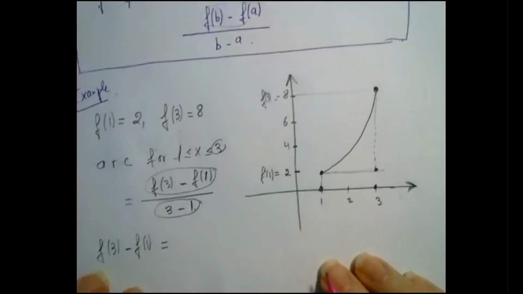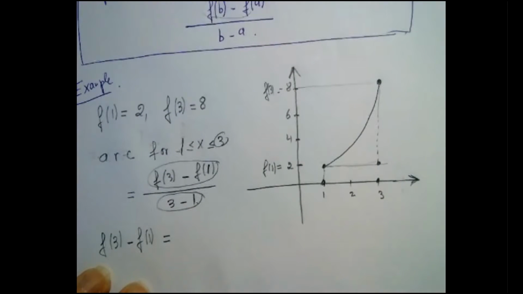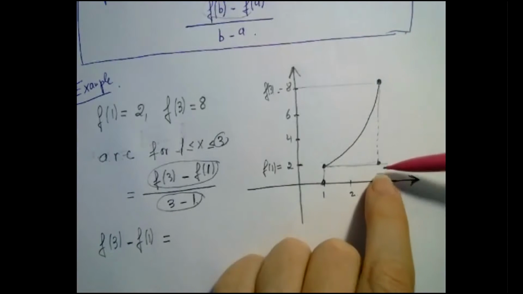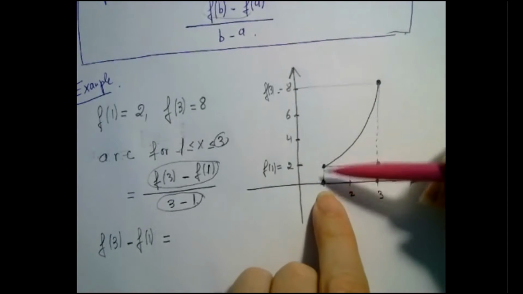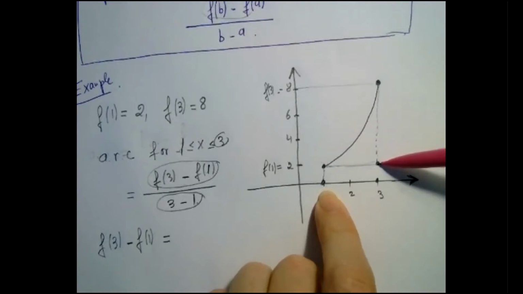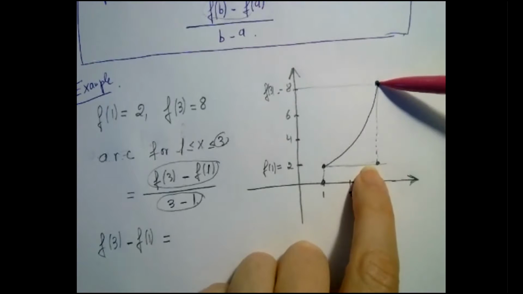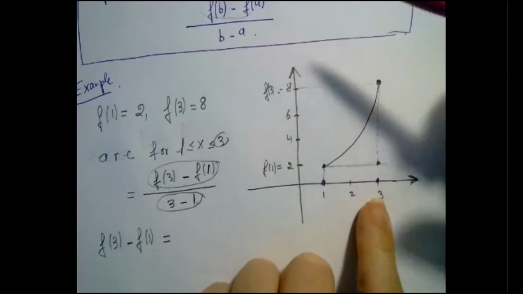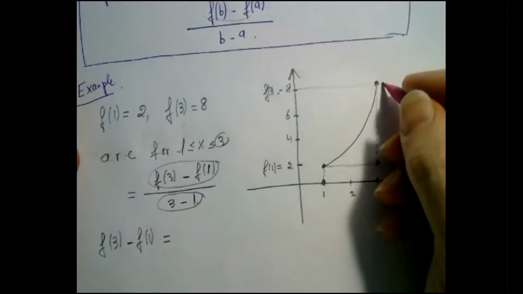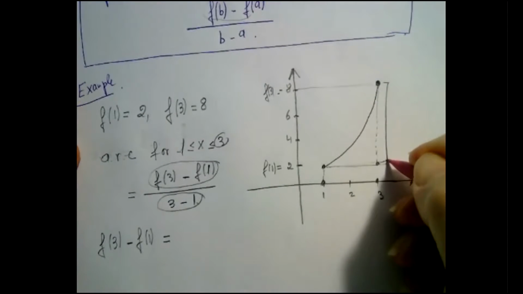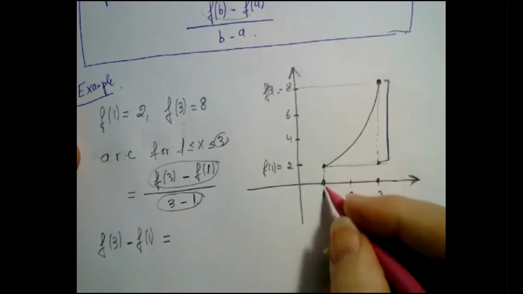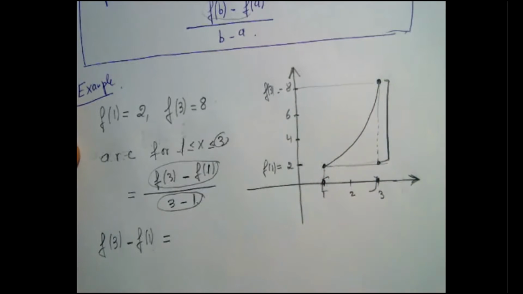So when I am taking f of 3 minus f of 1, what am I really doing? When the input is 1, my function takes the value 2. When the input is 3, my function takes the value 8. So when I take f of 3 minus f of 1, I am taking how much my output is changing between 1 and 3.